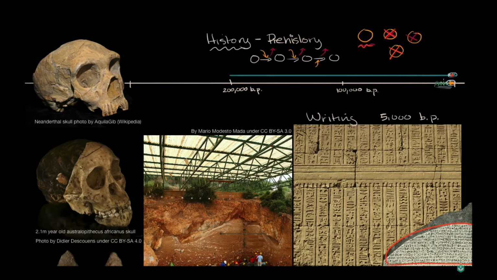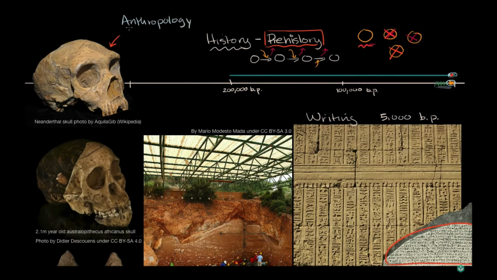But things get, in some ways, even more interesting before we have writing. When we go into prehistory, you might wonder, how do we know anything about what happened if there's no written accounts? Well, that's where the science comes in, and we get even more detective work. For example, this is a Neanderthal skull. And the scientists that will study this, you'll hear terms like anthropologist or anthropology.